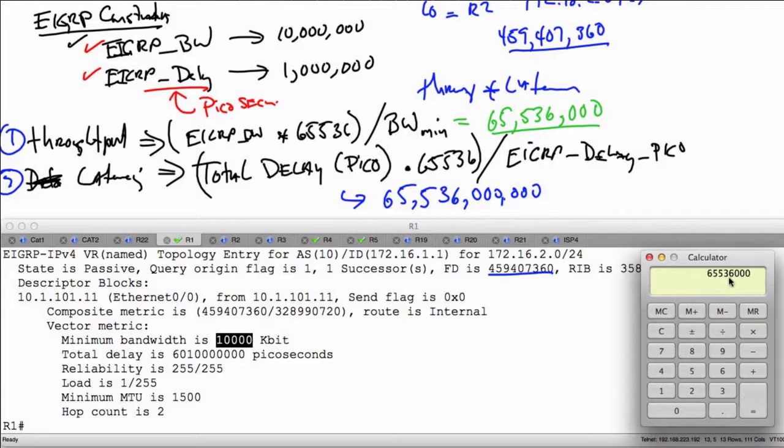That gives me 65,536,000, so that part looks right.